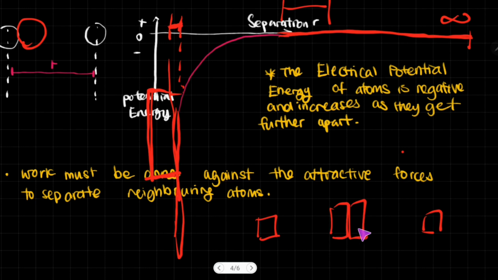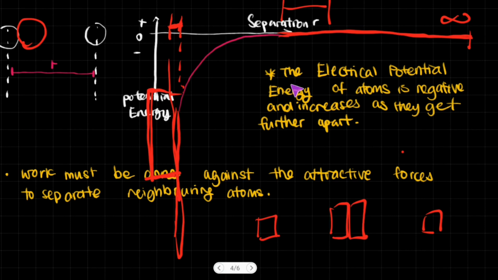For example, this magnetic attraction can also be understood using potential energy. We can also understand things like gravitational potential energy and the different ways in which the solar system works. And we can understand it partly using this understanding of potential energy. So I hope that helps a lot.